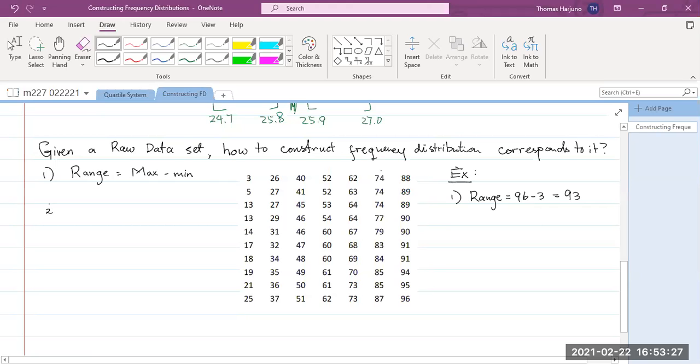The second step is to find the class width, denoted by W, which is equal to the round up of the range divided by the number of classes. The number of classes usually is given in the question. However, this notation here is not a bracket.